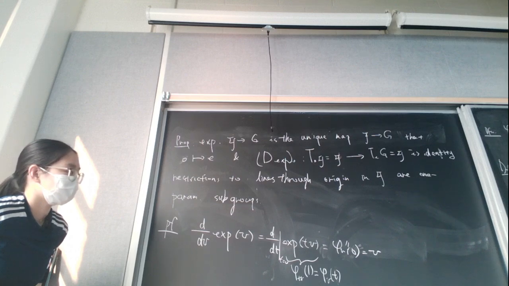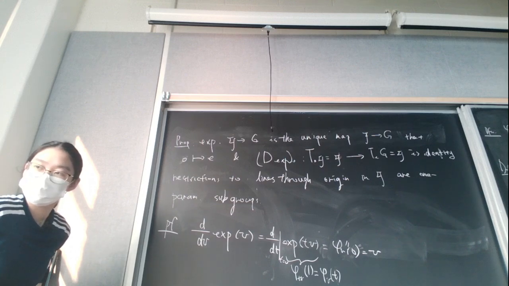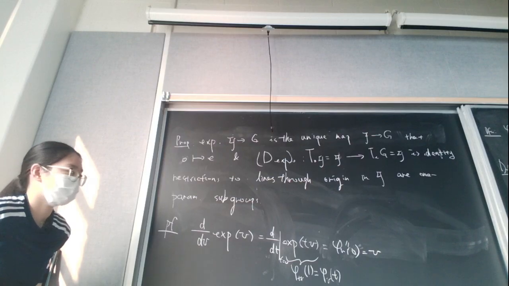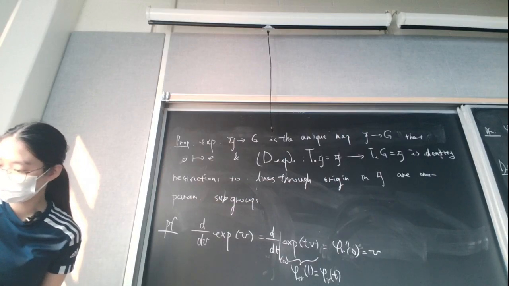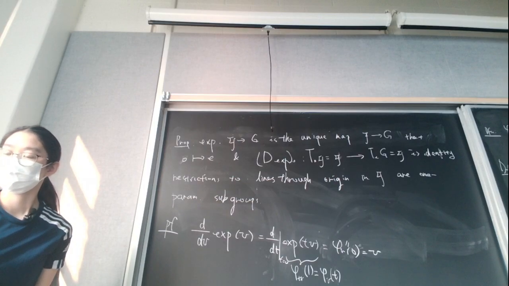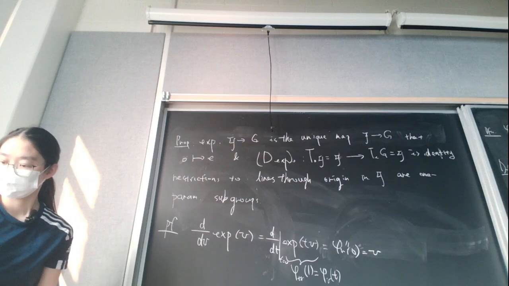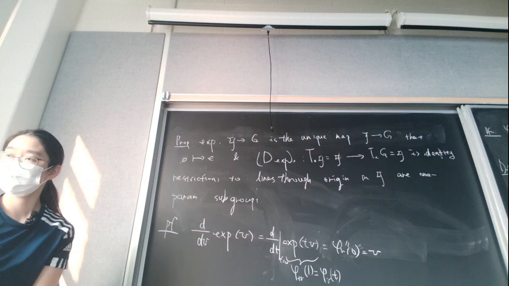For one, the vector space small g is Abelian. G might be non-Abelian. You did say that the restriction to every line passing through the origin in small g is a group no longer.